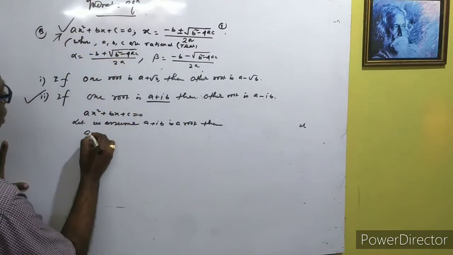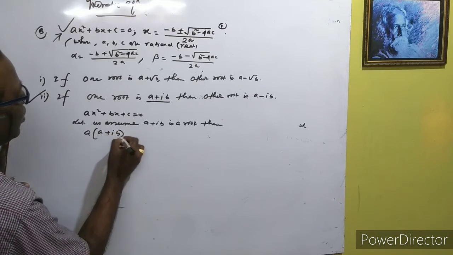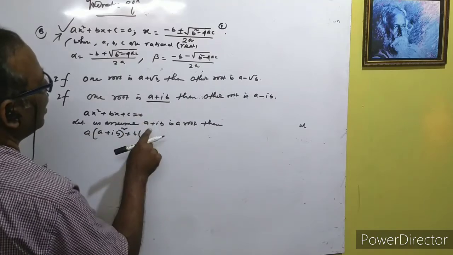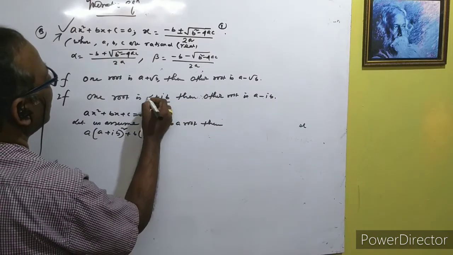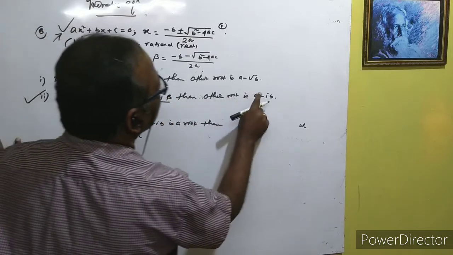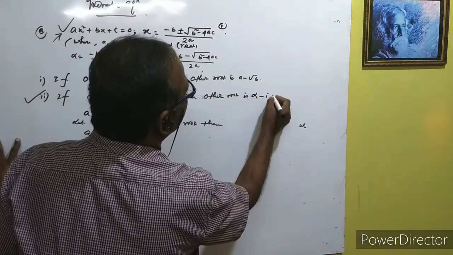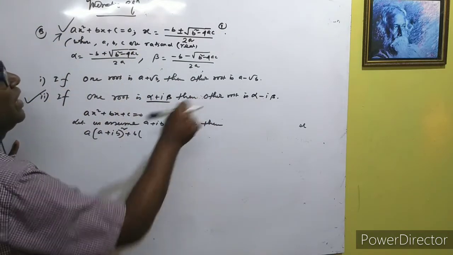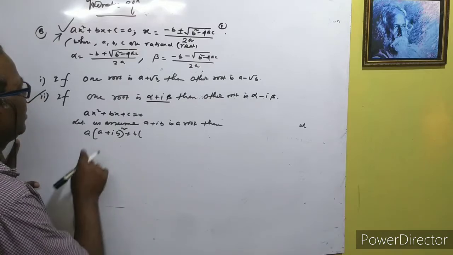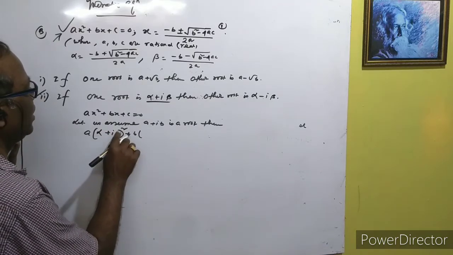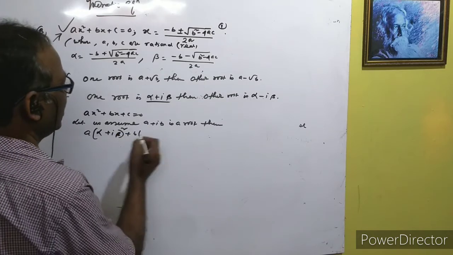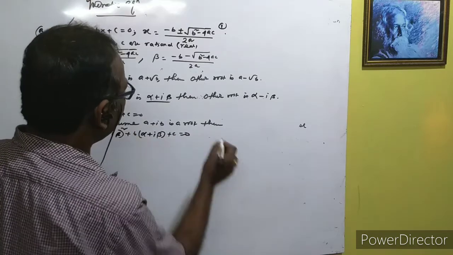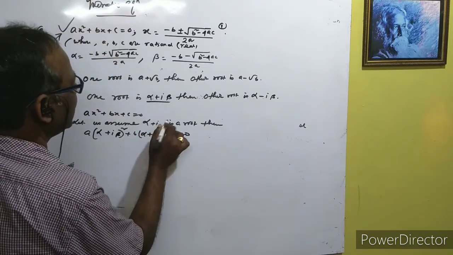Sorry, a and b are already the coefficients of this quadratic equation, so we can't take it like this; there would be a calculation problem. That's why I represent it as alpha plus i beta. Let us assume this is the root, so it satisfies this equation.